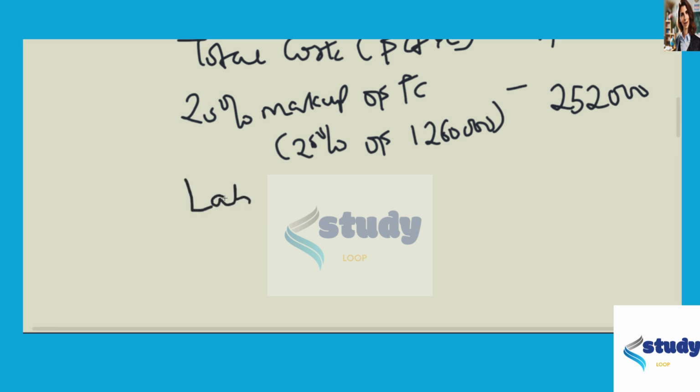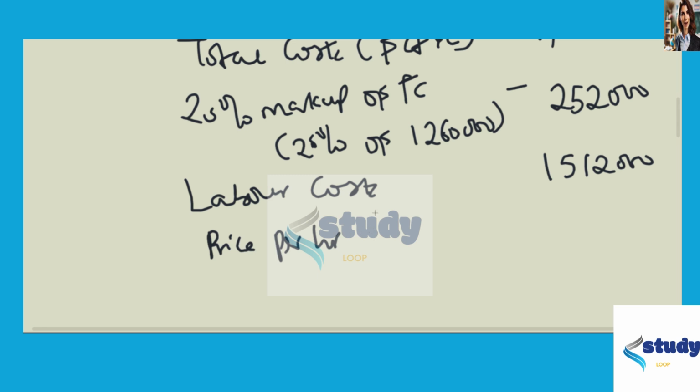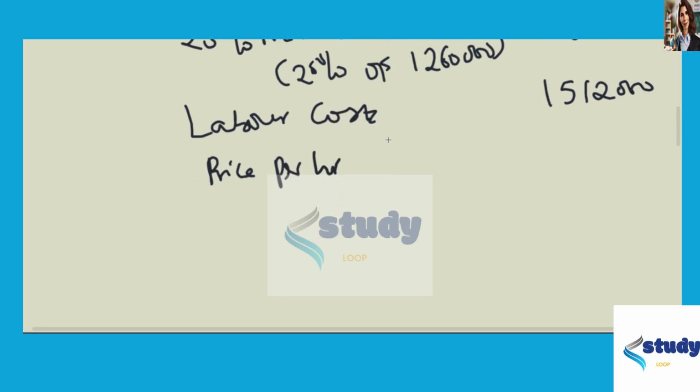Now we have the labor cost, which is 1,512,000, and then the price per hour, which is what we're looking for, would be the labor cost divided by 84,000. So when you divide this, you're going to get $18.